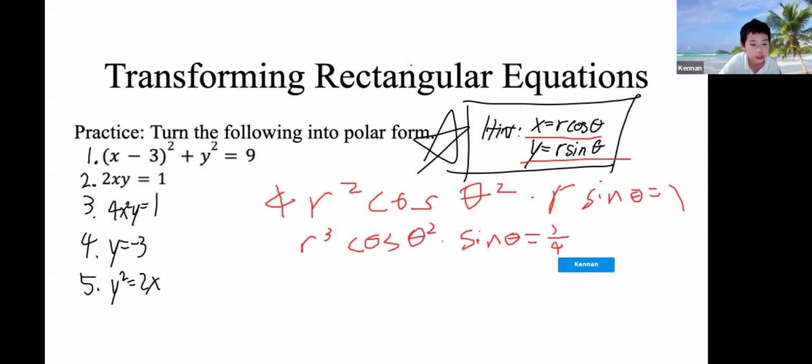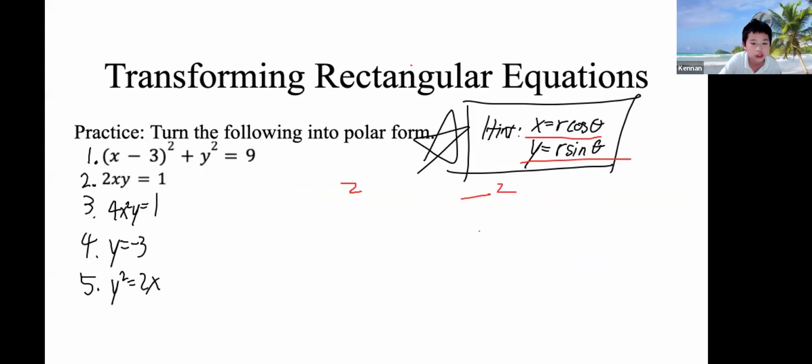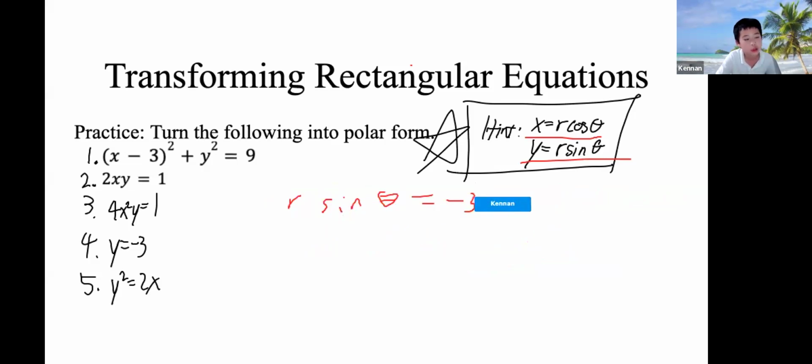And I think this should be it for this one. And then y equals -3. Well, y equals -3 is a straight line. We can just plug this in. So r sine theta is -3. That's the fourth question. Sorry, this is the fourth question.